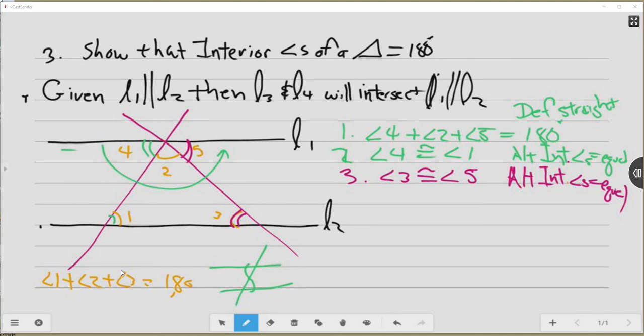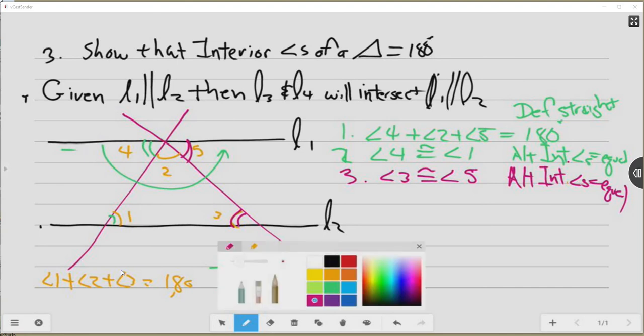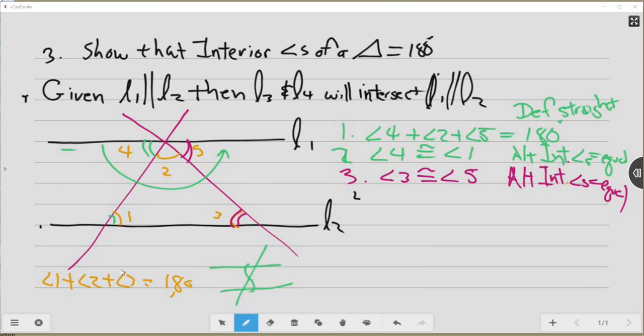Now I'm going to argue this. I'm going to take this line and I'm going to substitute.